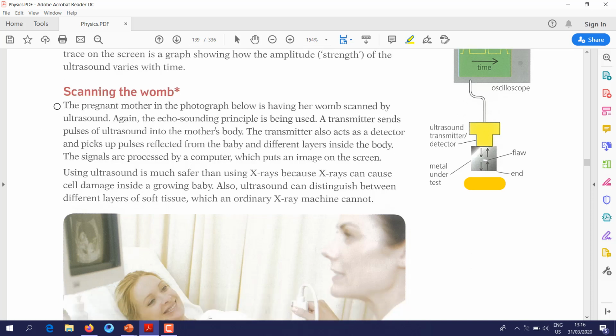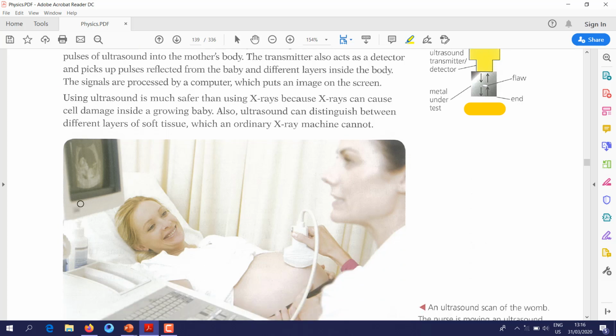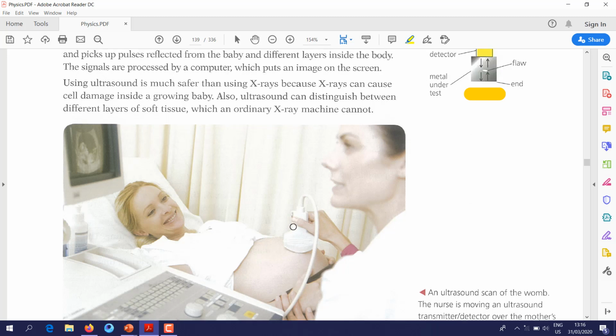Scanning the womb. What do you mean by it? As you can see in this picture, it's a pregnant woman. What they do is use ultrasound waves to detect the embryo.